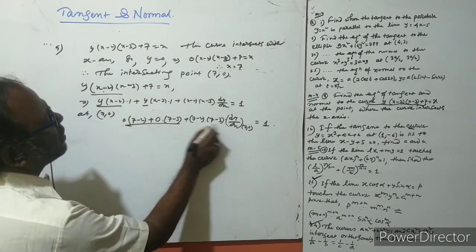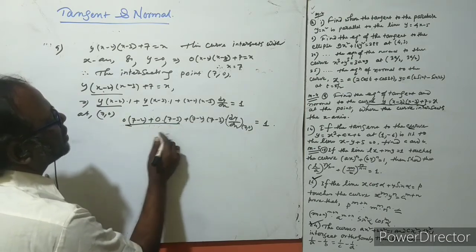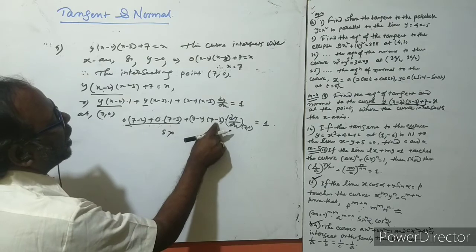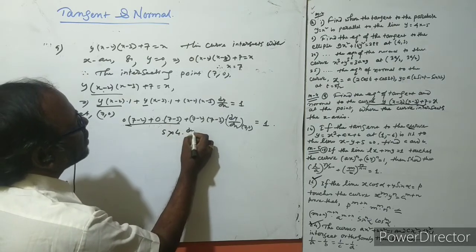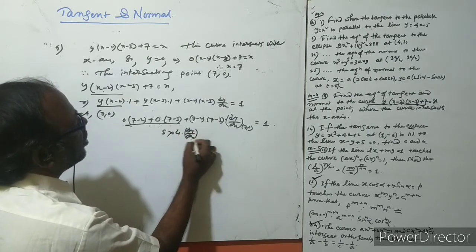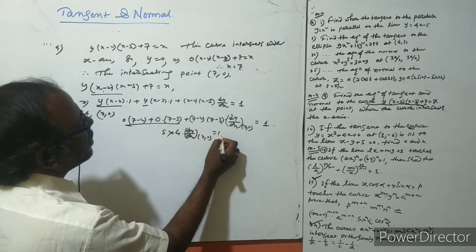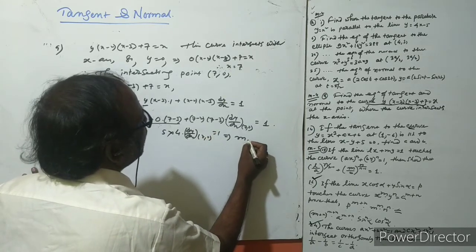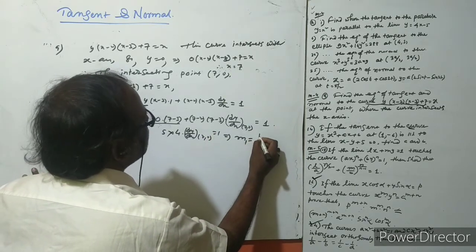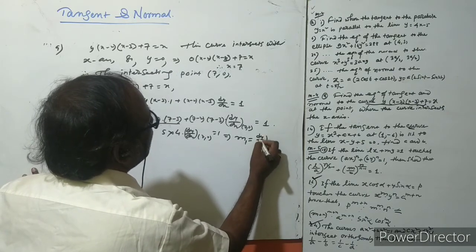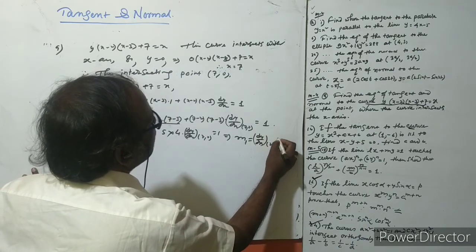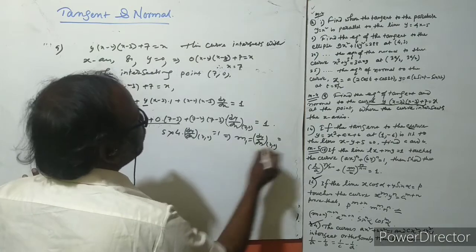Now this term is 0, so we get 5 into 4, which is 20. So the slope m1, dy by dx at (7, 0), is equal to 1 by 20.